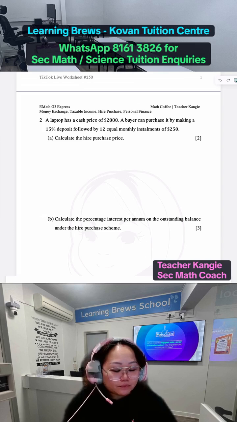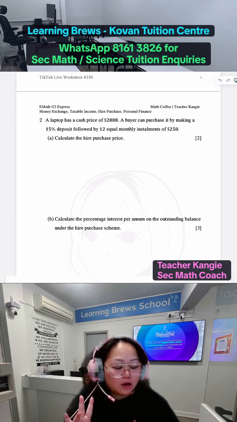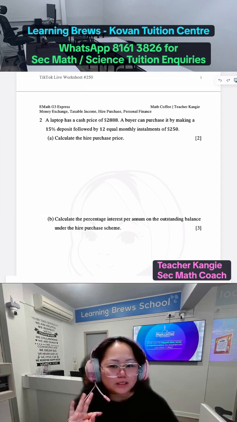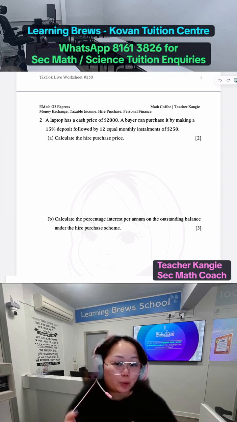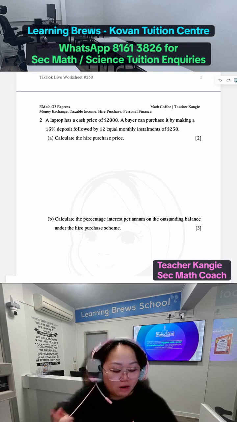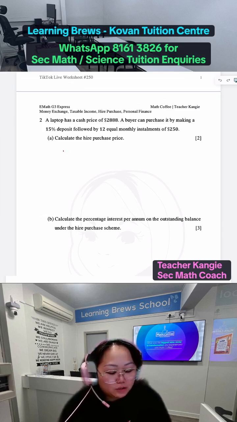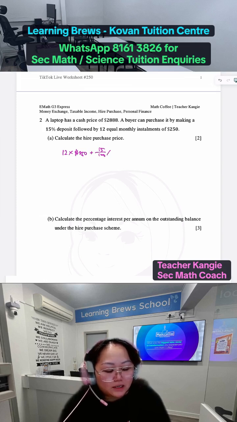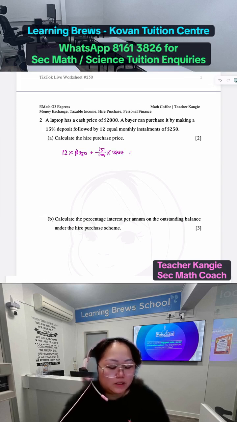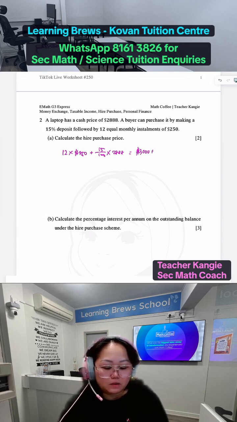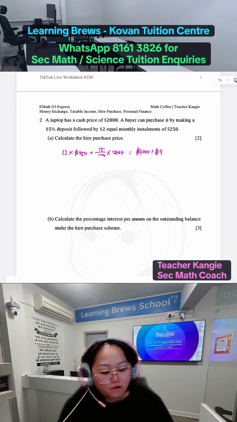So in this case, if you have the cash you pay $2,888 net. But if I want some flexibility, I pay 12 equal monthly installments of $250. So how much is it? 12 months of $250, but I already paid the 15% deposit, so 15% of 2,888. 12 times 250 is 3,000, and the 15% will be $433.20.